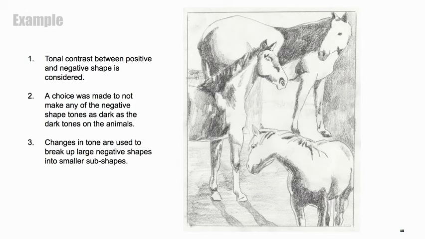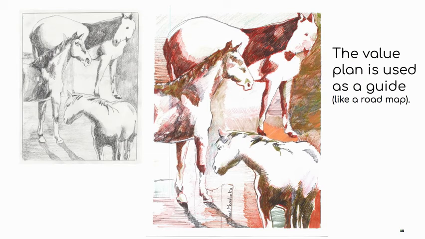And then I used that value plan when I was working with my faded markers, creating the final piece of art. Some of you will recognize this from a previous semester. Okay, so the point is that I had my roadmap beside me and I knew how to shade my colors darker or preserve my highlights.